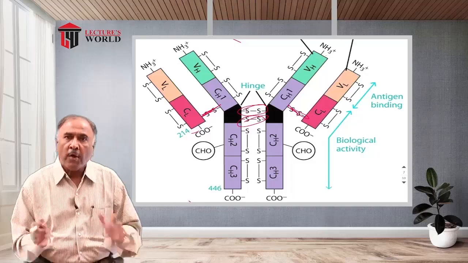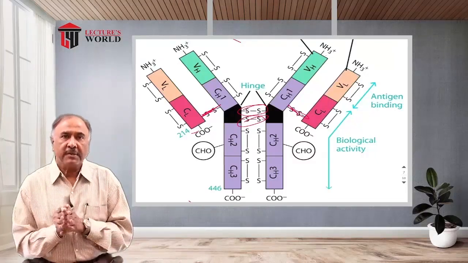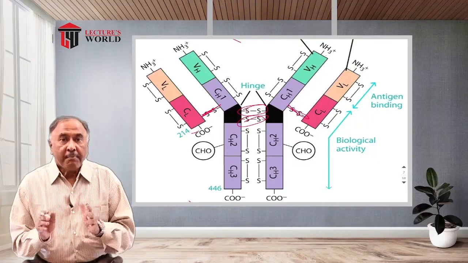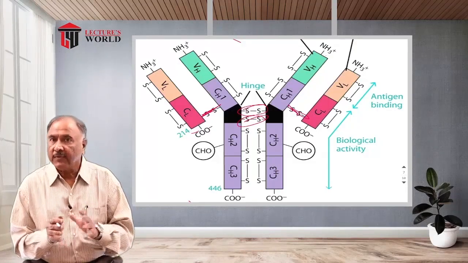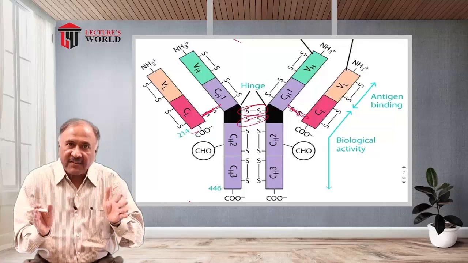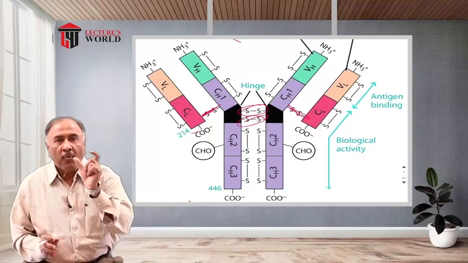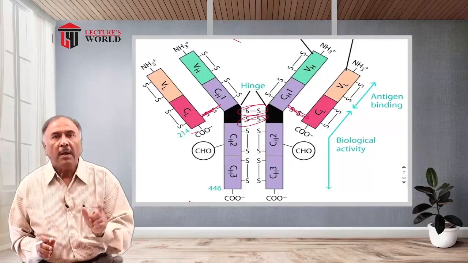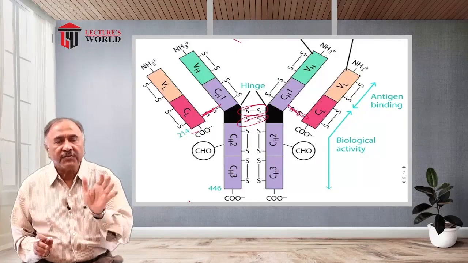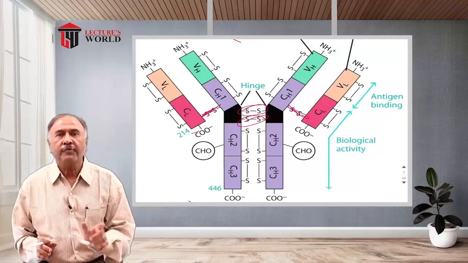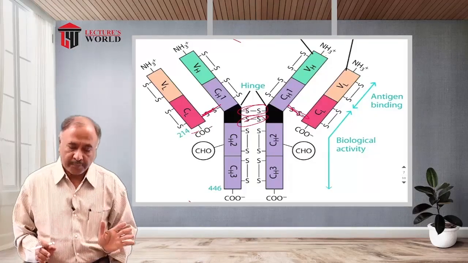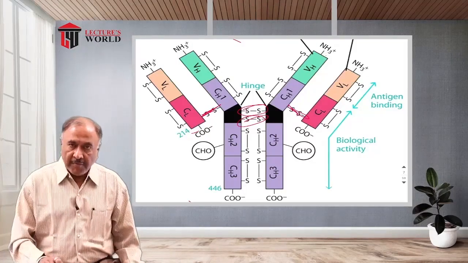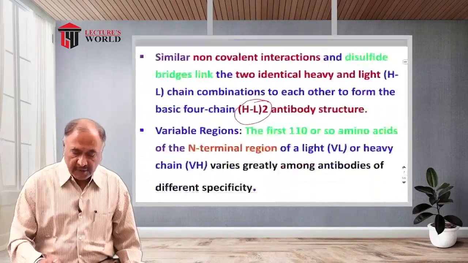So this is how 4 different peptides, I'm using the word peptides, exist together to form one molecule, and this is the basic structure of immunoglobulin. Okay, we will see its details further.